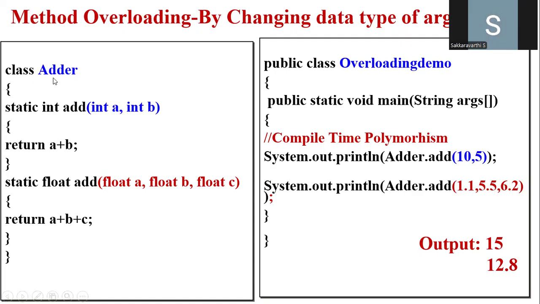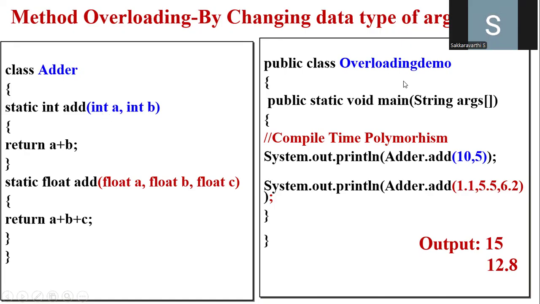The class name is Adder and static int add of int a, comma, b, return a plus b. Static float add of float a, comma, float b, comma, float c. Here the number of arguments is 3 and 2, and also they differ in their data types: here integer, here float.